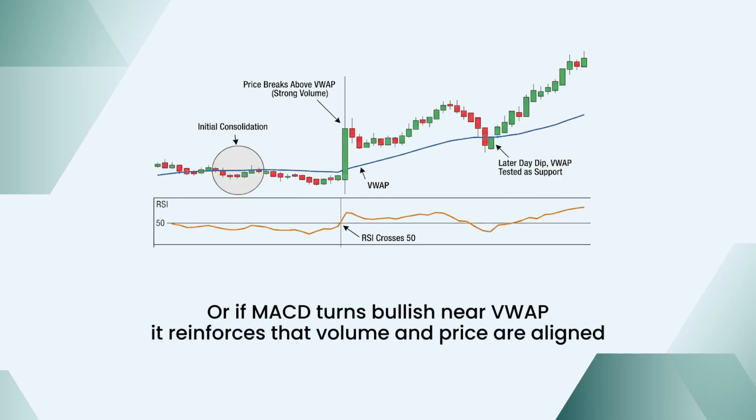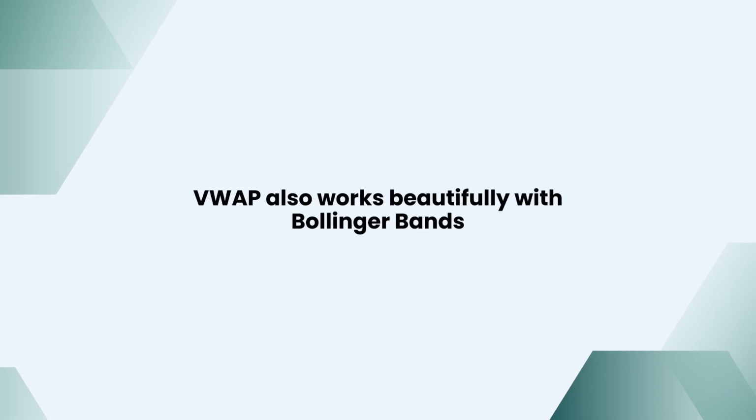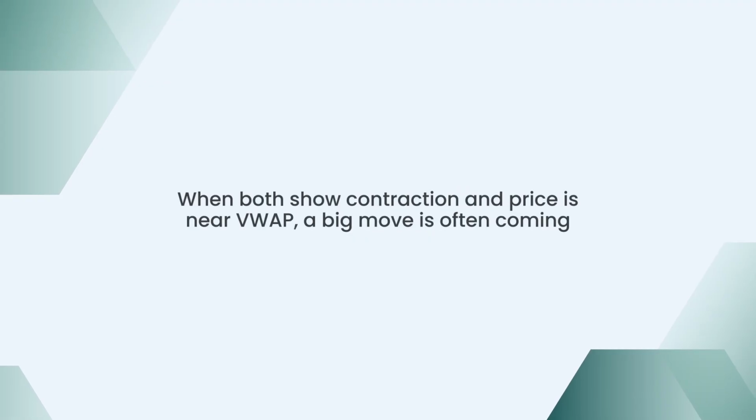Or if MACD turns bullish near VWAP, it reinforces that volume and price are aligned. VWAP also works beautifully with Bollinger Bands. When both show contraction and price is near the VWAP, a big move is often coming.